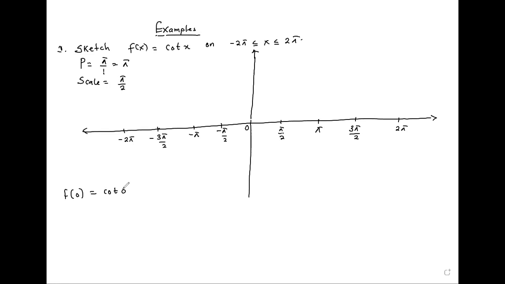Okay. So cot 0 is the same as cos 0 over sine 0. So it is 1 over 0, undefined.